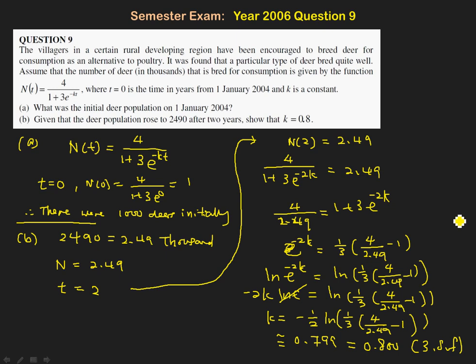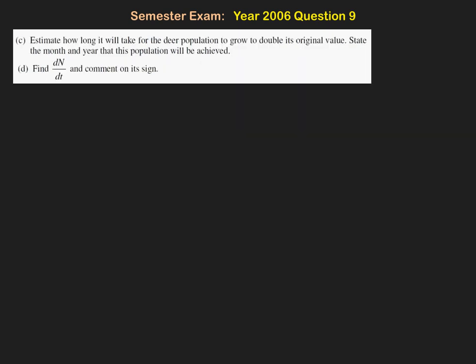Now move on to here. Now how long would it take for the deer population to double its original value? And we need to find the month and year that this population is achieved. And initially we had 1000, so we do not know when, but N(t), when would this happen, right? 2000.